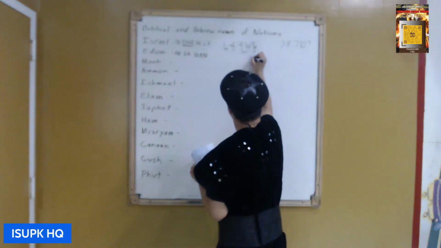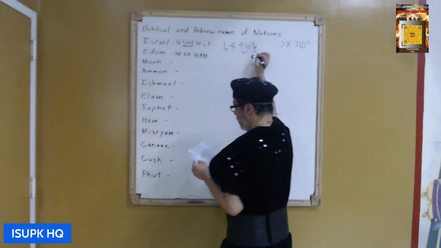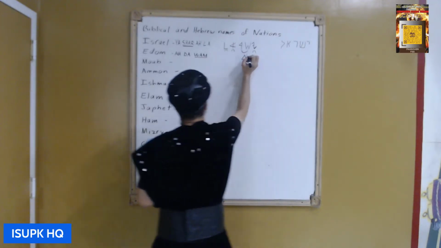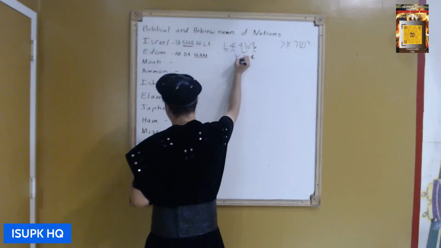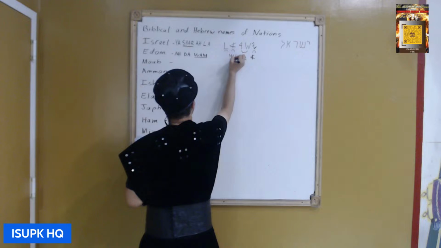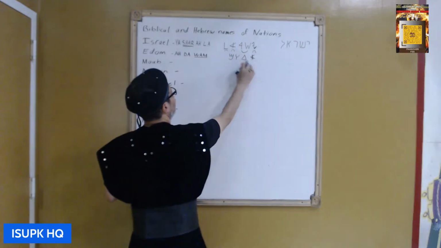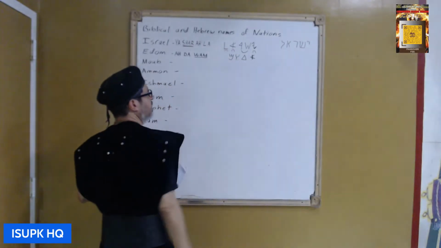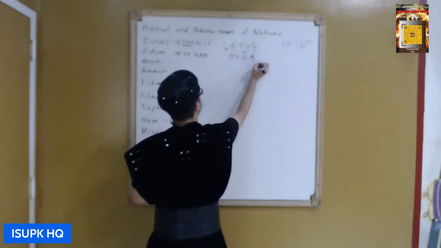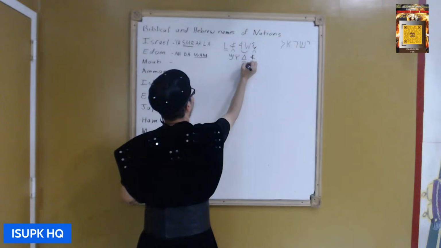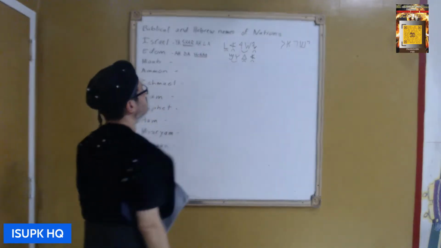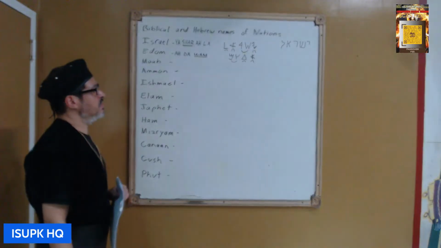Let's draw the a, then the da, then the wa, and then the ma. A, da, wam. So now let's add the connectors so you can see it clearly. A, da, wam. So that's how you pronounce Edom. A, da, wam.